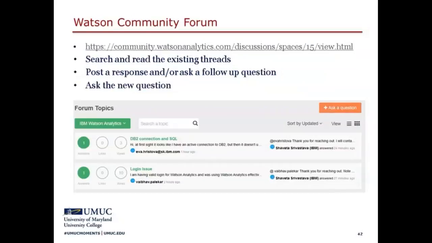This is a link. This is very interesting. This is a discussion forum. So when you have a question, there is a chance that someone else had this question. So this is a community forum where you want to go and search by the topic. You want to see if someone else already has an answer to your question, and you may post your questions as well, right?